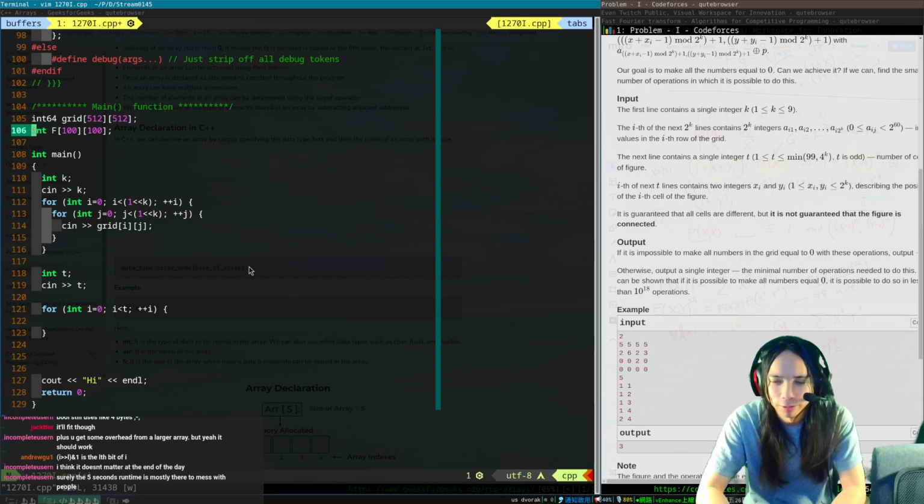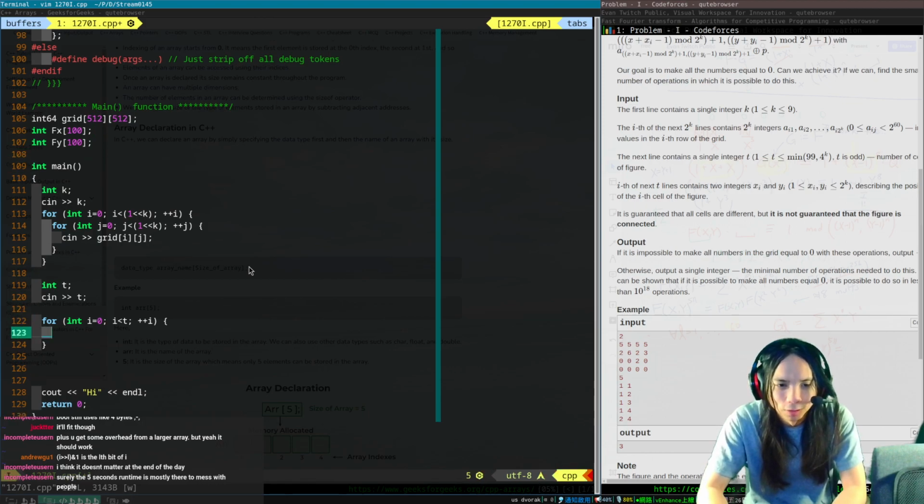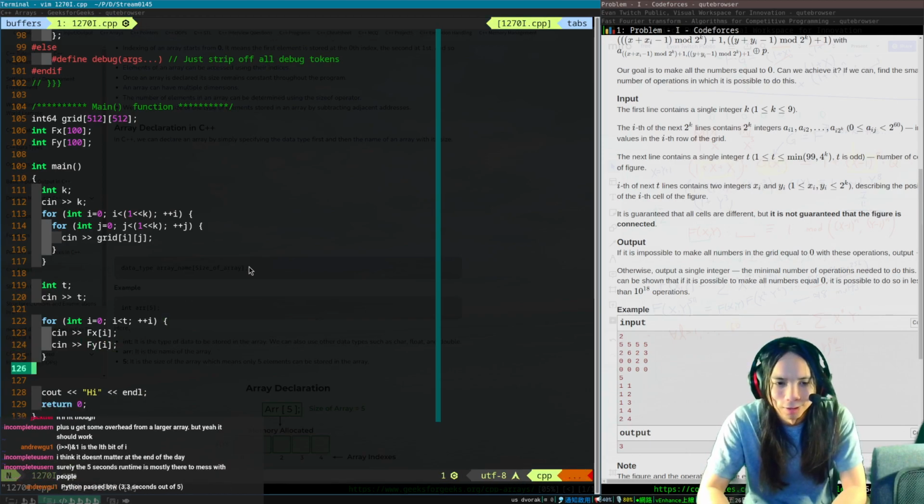I want an array of ordered pairs. Oh, whatever, we'll just do it this way. Okay, great. Lovely.